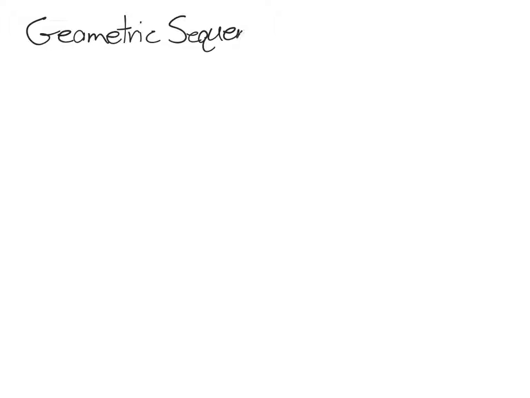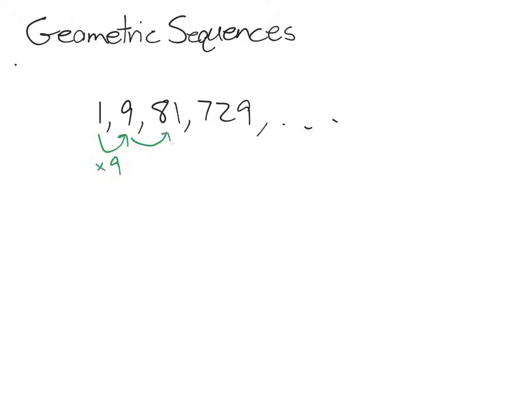If you're multiplying by 9, we could have a sequence like this where we have 1, 9, 81, 729: 1 times 9, 9 times 9, 81 times 9, and so on. So every time we are multiplying by 9.